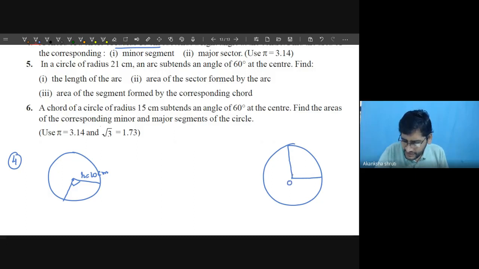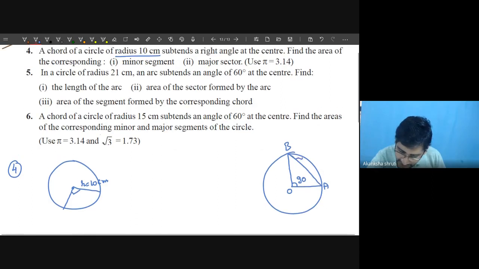It is center O, this is 90 degrees, A to B. Now it is asked what will be the arc length, chord length, area of sector, area of segment. All these calculations are very easy if it is 90 degrees.